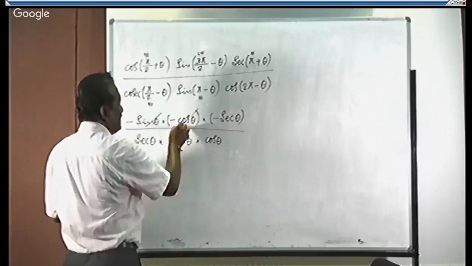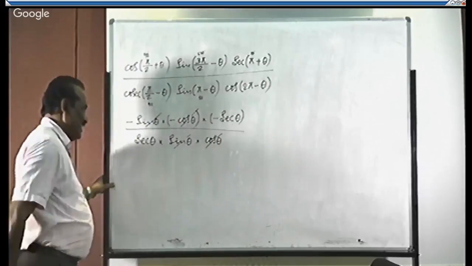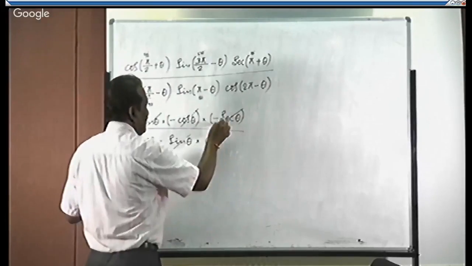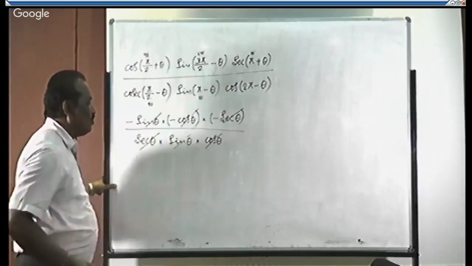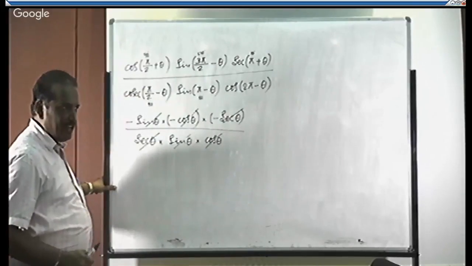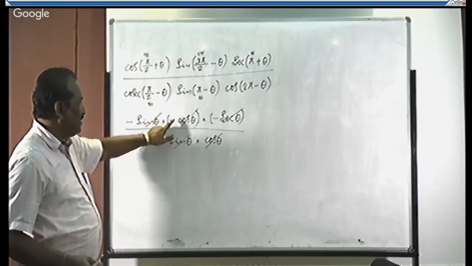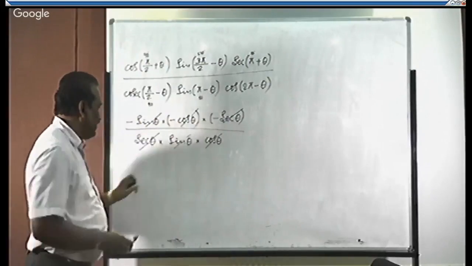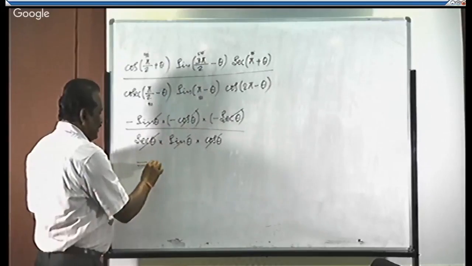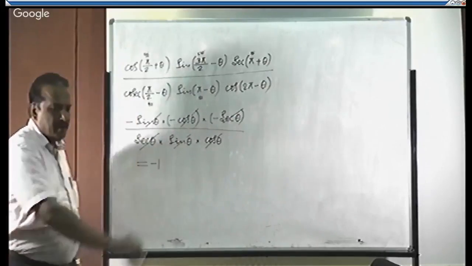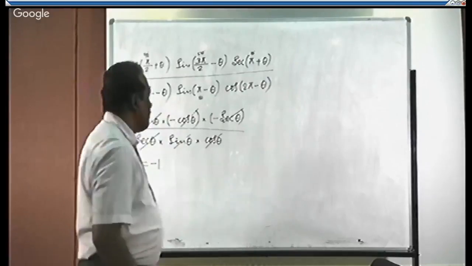This cos theta cancels. Then this secant theta also cancels in both numerator and denominator. Please take care about the sign. Minus into minus it is plus, plus into minus it is minus. Therefore, the answer is minus 1.